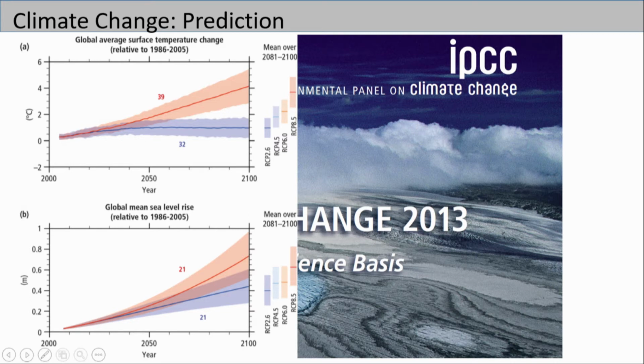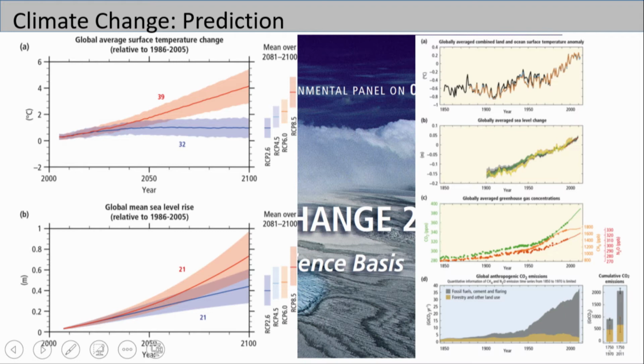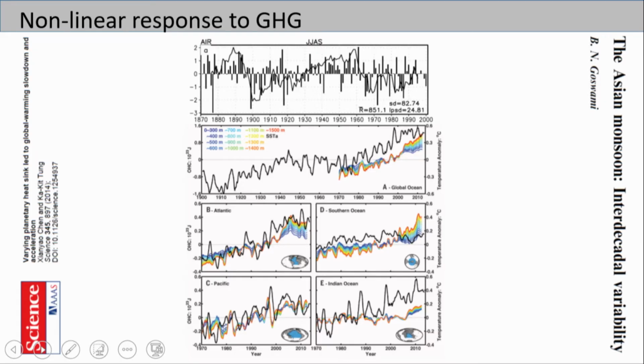As I said, we talk about these aspects of climate change because we know that the greenhouse gas concentration is going to increase. When we talk about these climate predictions, they are entirely based on the premise that greenhouse gases are the sole reason behind the climate change.